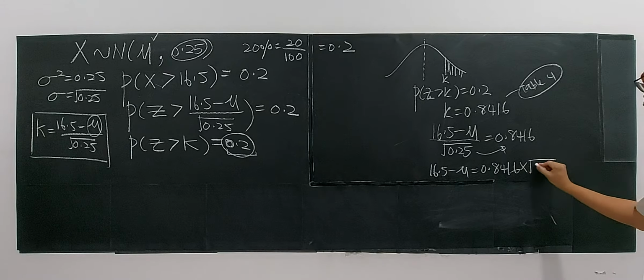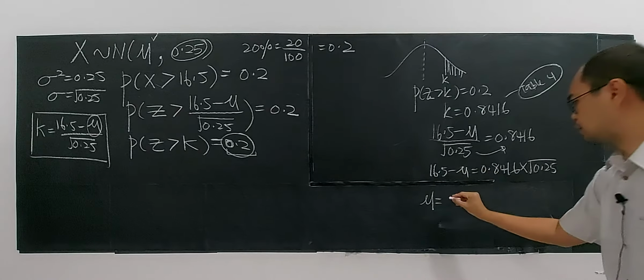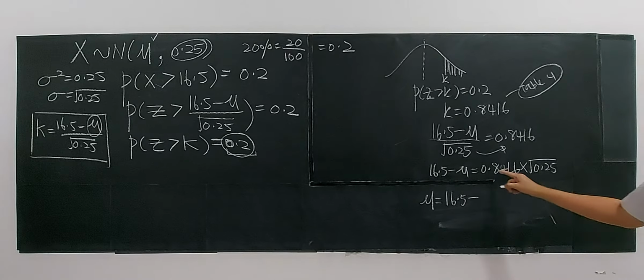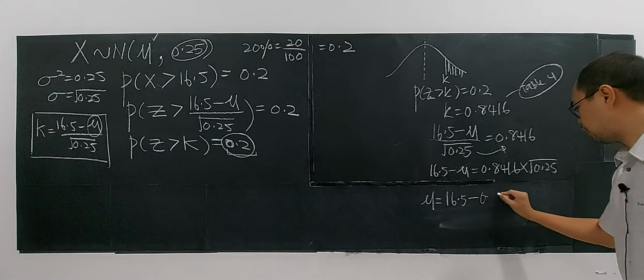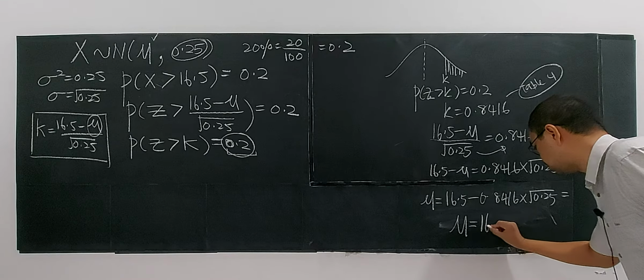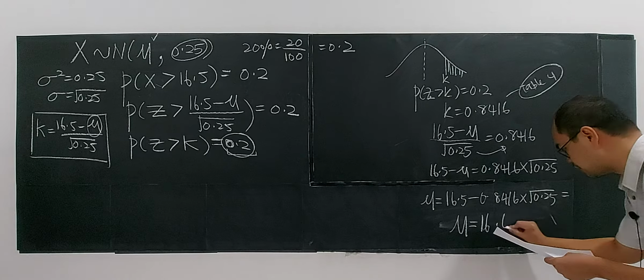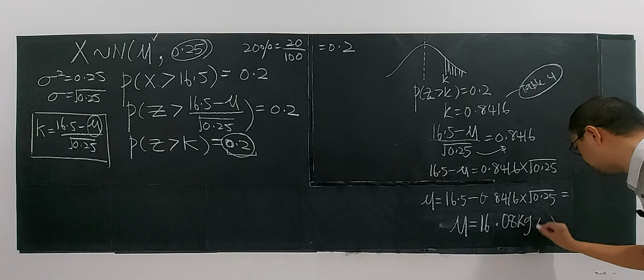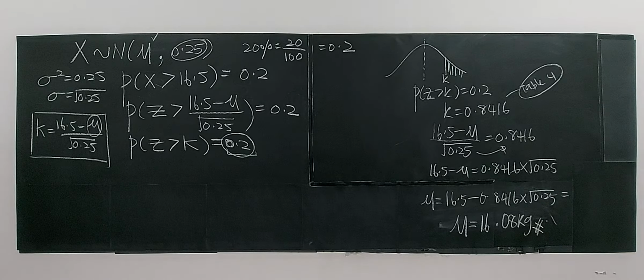The mean is 16.5 minus 0.8416 multiplied by the square root of 0.25, which gives 16.079. To 2 decimal places, it is 16.08 kg. So I have found the mean value for this distribution. That's all for this video. Hope you understand.